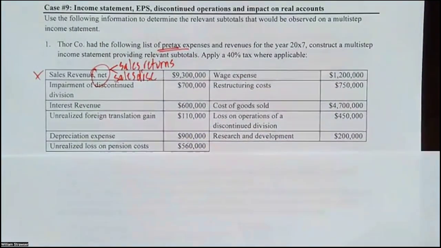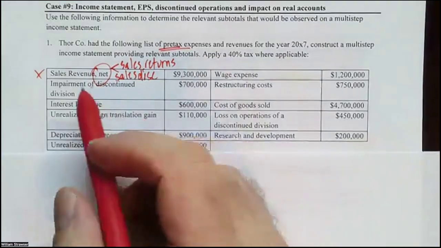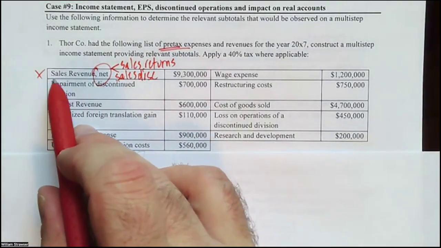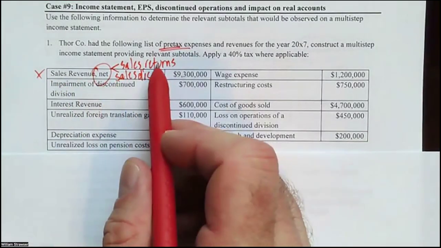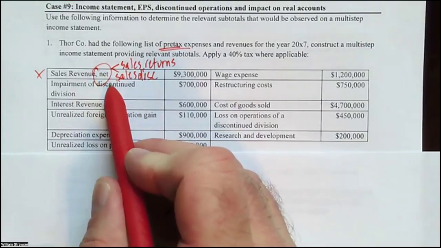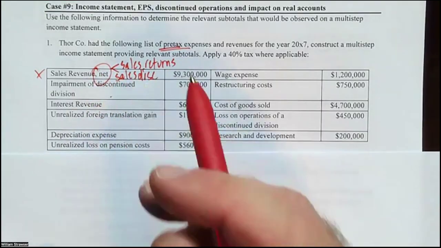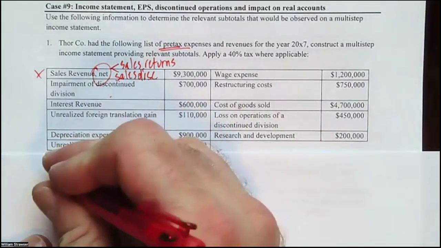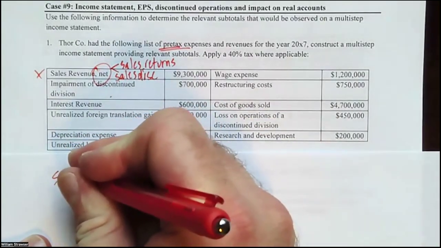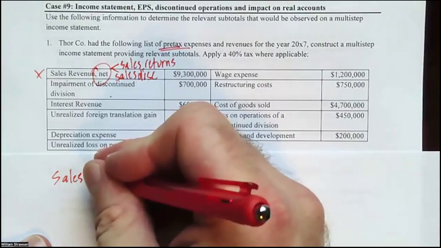And then you'll have to know to subtract them from what I will provide as just sales revenue. And if I provide these separately, of course, the net goes away because they haven't been netted yet. So we start with our sales revenue. That's always the top line of an income statement.